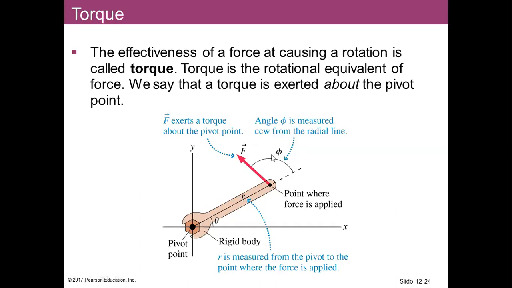So we can use now this angle phi, or we can use theta here. This force has the biggest turning effect if it is acting perpendicular to the surface of this wrench. If this force is not acting perpendicular, you can always look for the component that is acting perpendicular to the lever arm or the surface of the wrench.